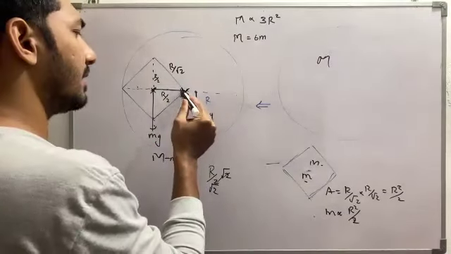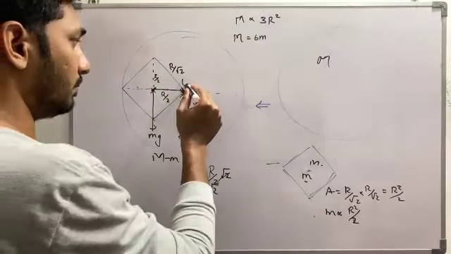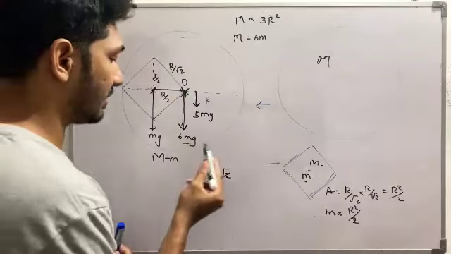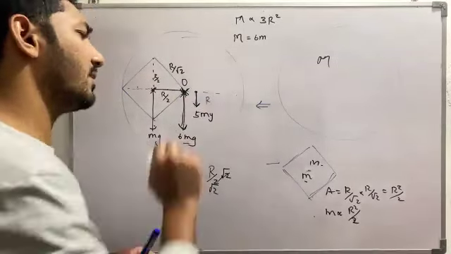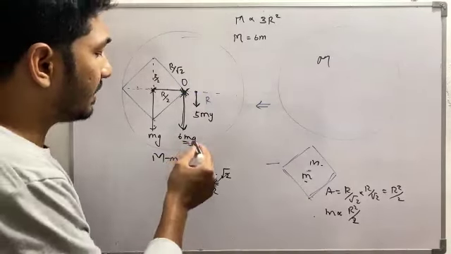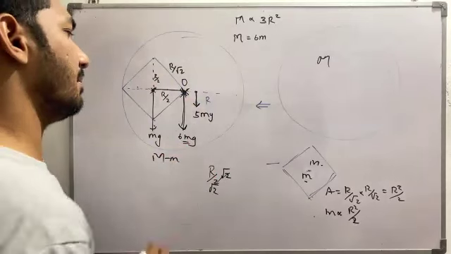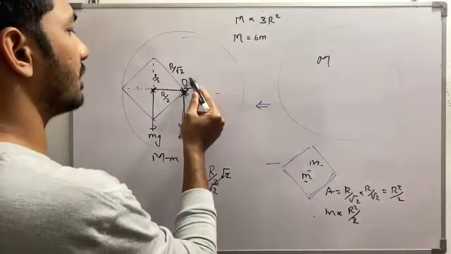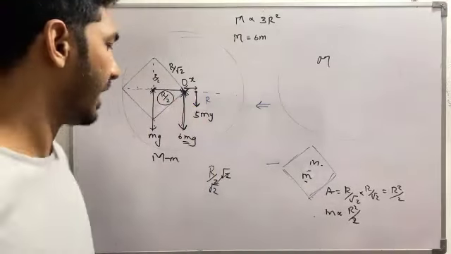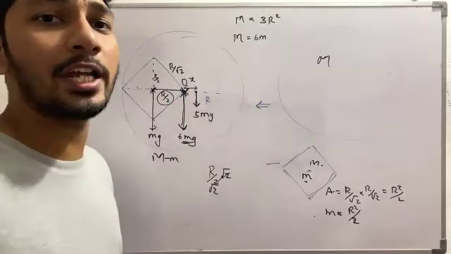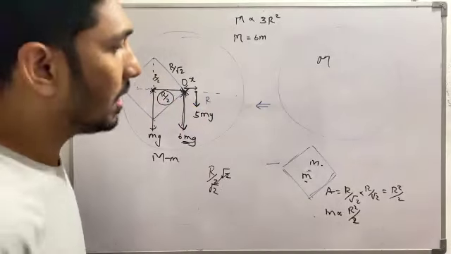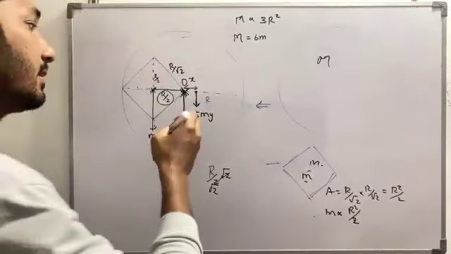Why? Because I'm clever enough to avoid this. I can use this also. It's easy to take 6m because the distances will be x and this will be a known distance r by 2. And I can avoid this mg because it's going through the same point I am taking the moments about.